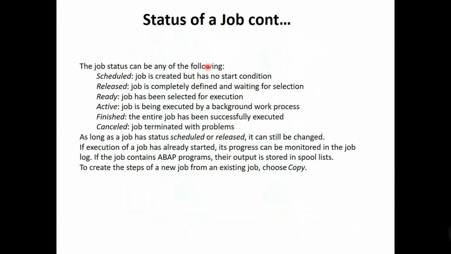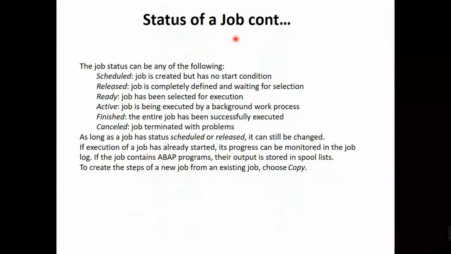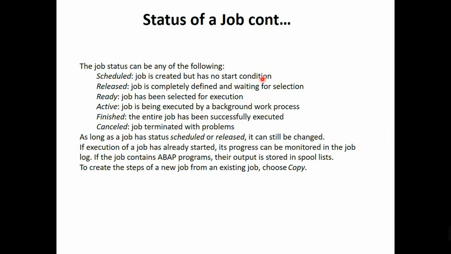Come to the next point. Now, the status of the job: how do we know the status of the job, and how is it defined? First is scheduled: the job has been scheduled but no start condition has been given. Then released: the job is completely defined with the start condition and waiting for selection to be executed.